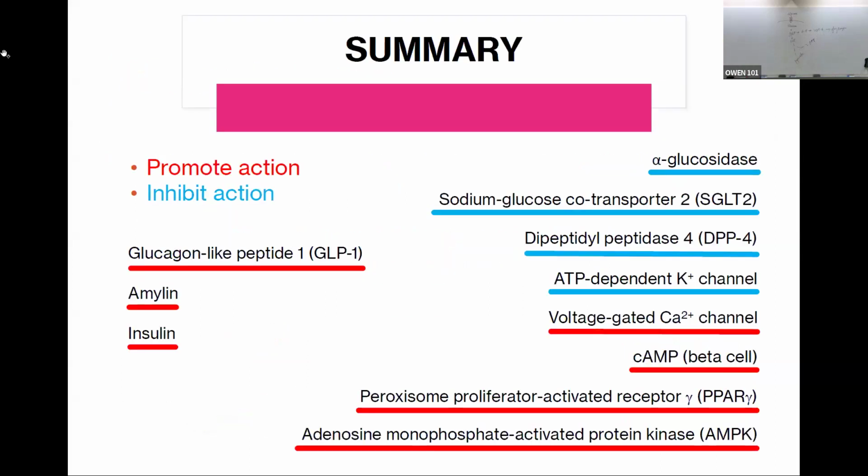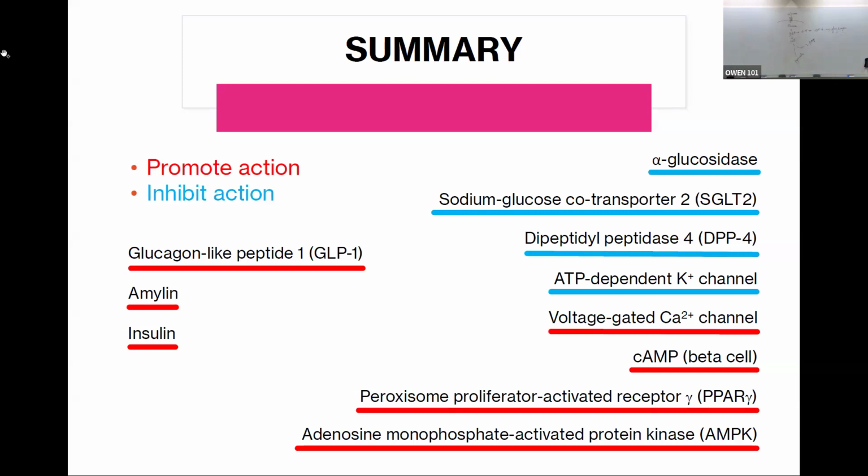All right, this is a summary. As usual, promote action, inhibit action. I highlight here some of these specifically because we'll be talking about medicine in the end. So this is related to that, right?